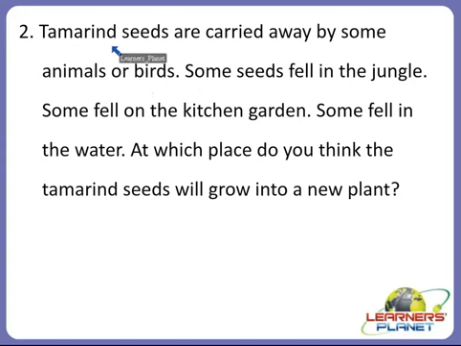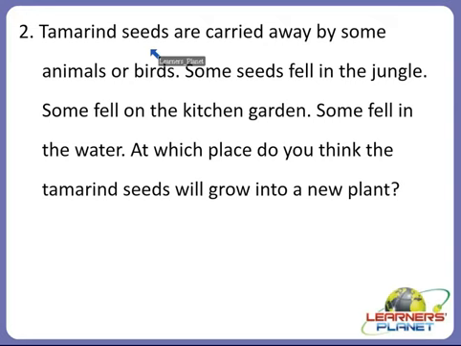But now these are the tamarind seeds. So what will happen? They will stick to the body of these animals and birds, and then they will be carried away from one place to another place, and then they will be dispersed to other areas.